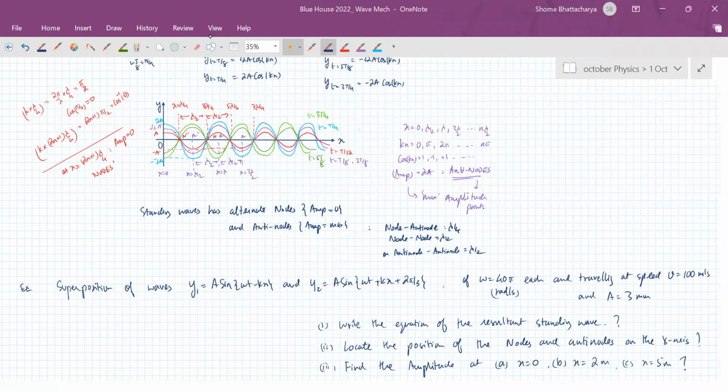So try this out, people will discuss. It's a slight variation of the standard derivation, because you can see the phase difference is 2 pi by 3 and not 2 pi.